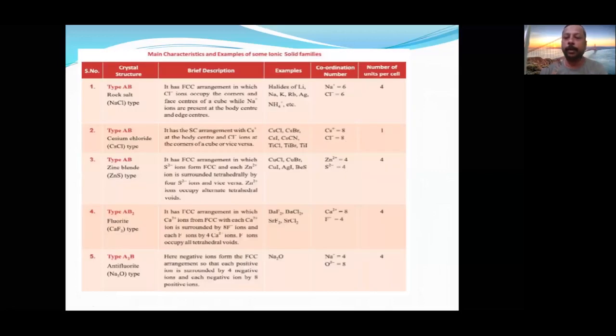Very, very important. At least one question will be from this tabular form. There are some types of crystal structures. This is only up to the mains level; advanced level has perovskite, spinel structure, inverse spinel structure. They are all clearly explained individually.